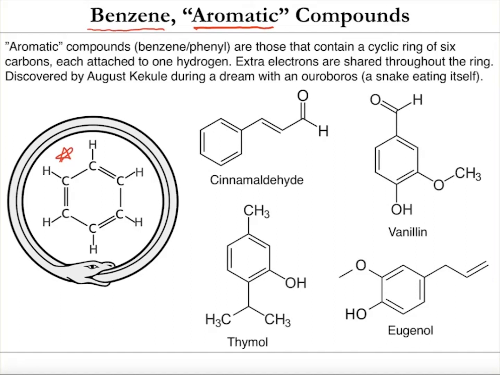So what is happening here is that there are 6 different carbons interacting with each other in a ring. But each of those 6 carbons is actually only bound to 1 hydrogen. So how is this possible? A carbon is supposed to be bound to 4 different things, but if you look at this carbon, it's only bound to 3 different things.